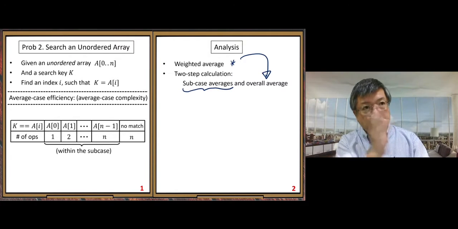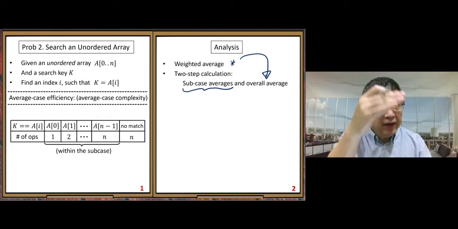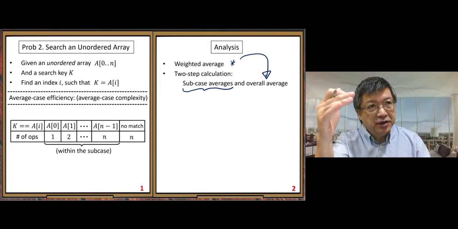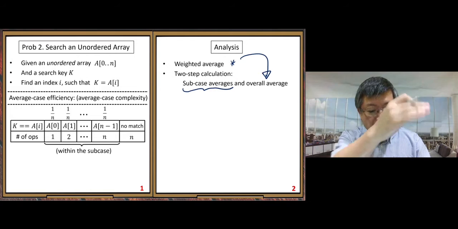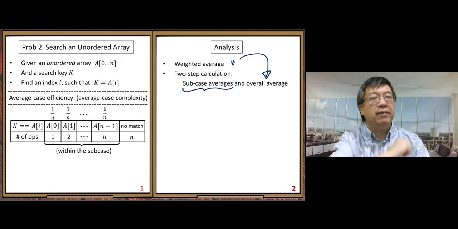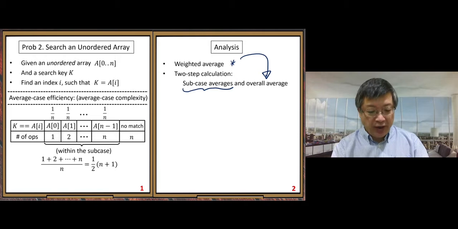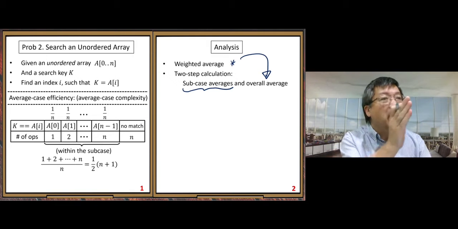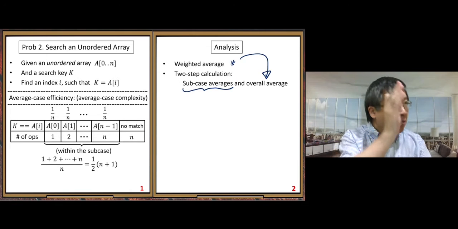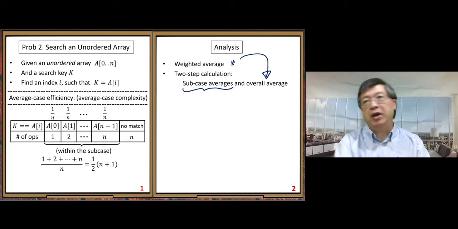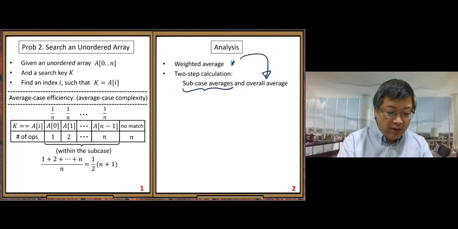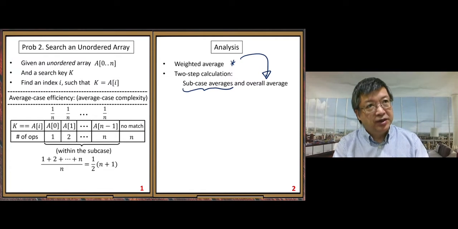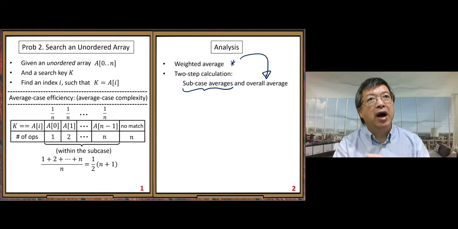The first subcase. Within this subcase, based on our assumption, the probability of each case is 1 over n. So we can calculate the average case comparison for this subcase: 1 plus 2 plus up to n, divided by the case number n.